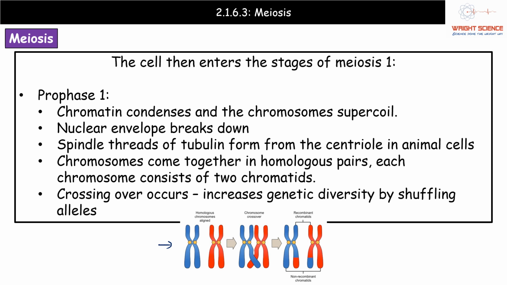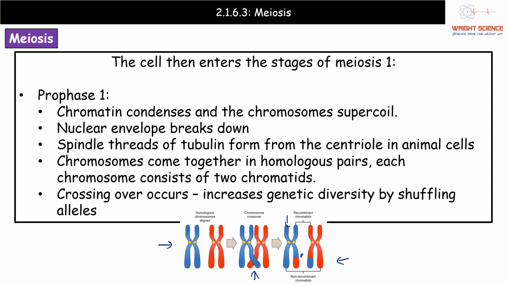And crossing over, as the name suggests, is where 2 bits of the chromosomes literally cross over with one another. And when they're doing this, what's going to happen is they're actually going to swap part of the chromosome. So what we then form are these recombinant chromatids. So we can see here that we've got predominantly blue on this little arm here, but it then has a little red tip on it.